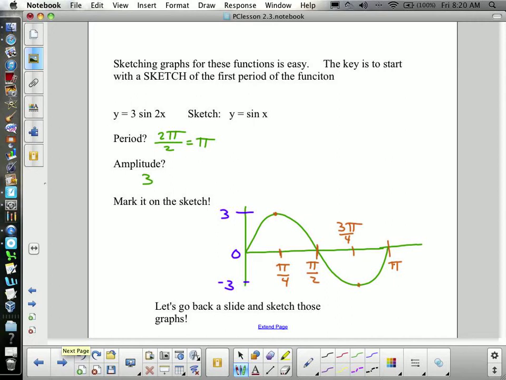Aha. So what I've done is I've identified in a sketch these 5 critical points for a period and where they are located. And now when I do my actual graph, I just transfer this information to an actual graph.